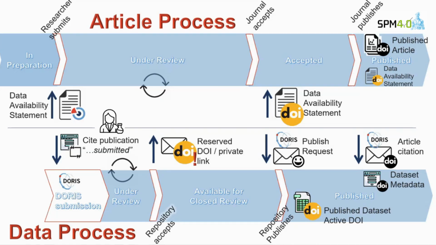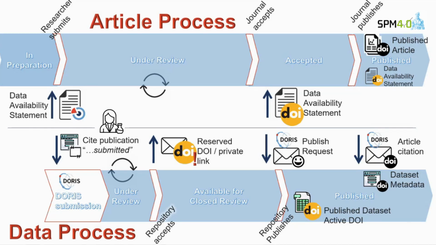So now we go a little bit further here. And now the journal has accepted. And if it's a journal with an open access policy, they say, okay, now you need to put your DOI into your data availability statement. So here you just had a placeholder data availability statement. Data will be in Zenodo. But here you need to say, this is the real DOI.